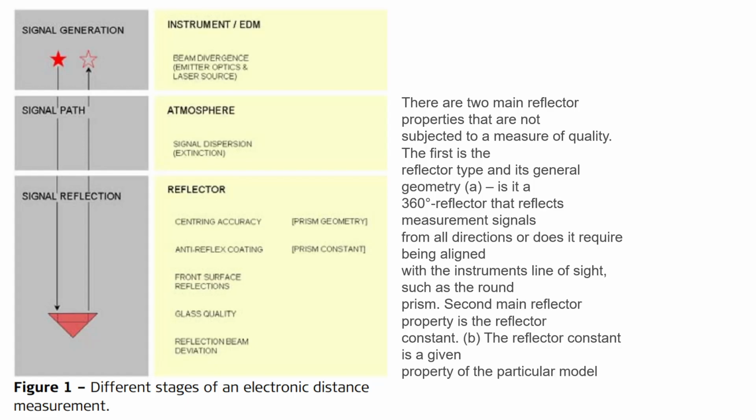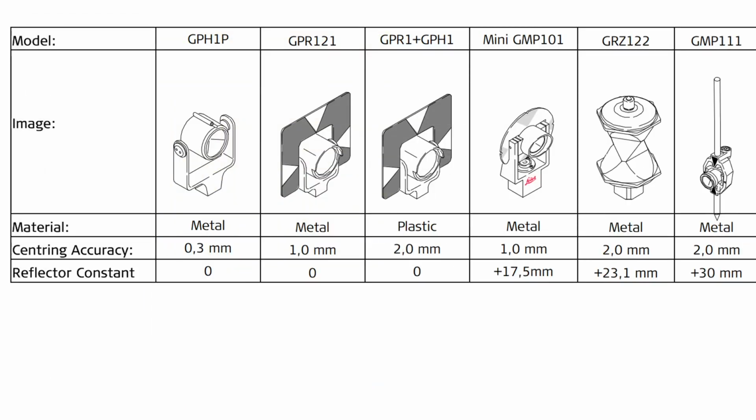The second main reflector property is the reflector constant. The reflector constant is a given property of the particular model. Here you can see different models of reflectors. They are made of metal. They all have different centering accuracy.